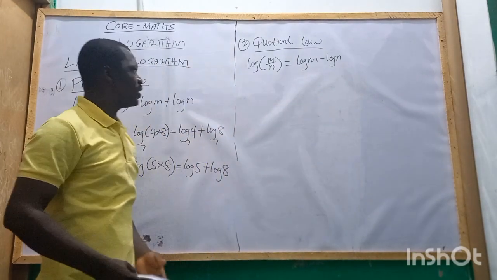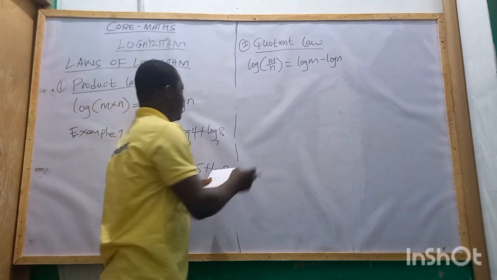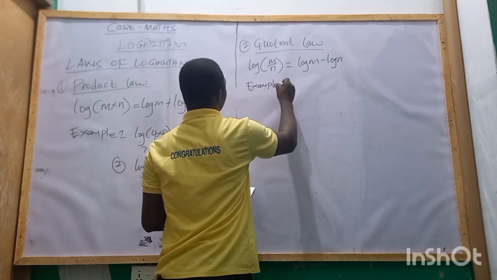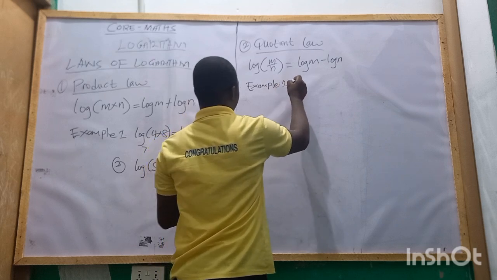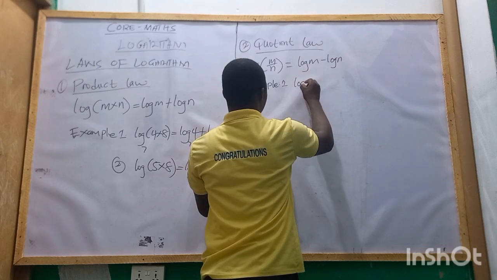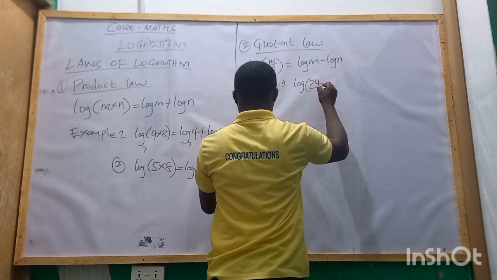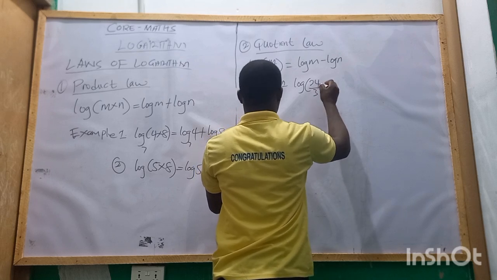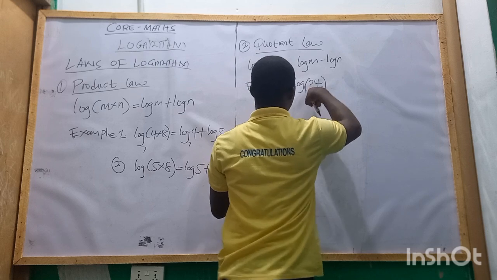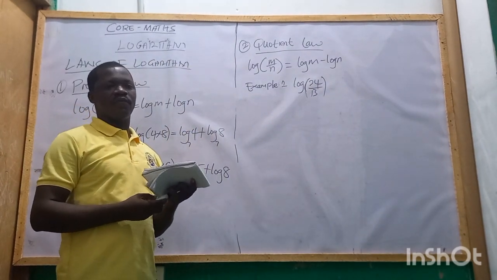Very simple. These things are very basic, so we won't waste time on them. So let's take an example. I have log of 24 over 13.